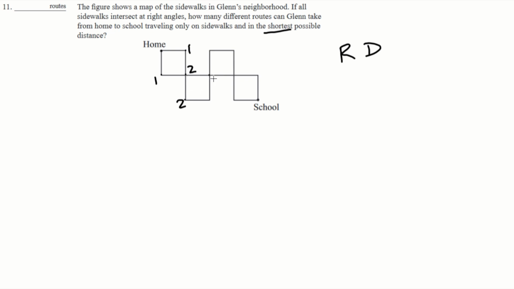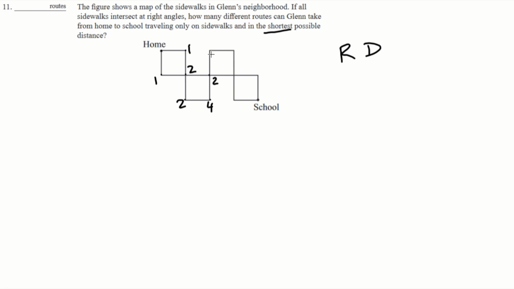Same thing with this point. And now here, you can come from either the top right point or the bottom left point. There are two ways to come from this point, and two ways via this point, because once you're at this point you can only go right, and when you're at this point you can only go down, so that makes 4 ways.